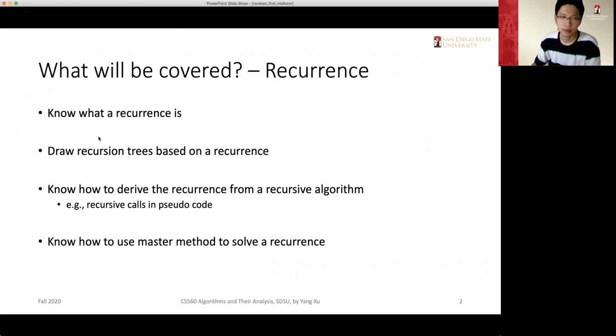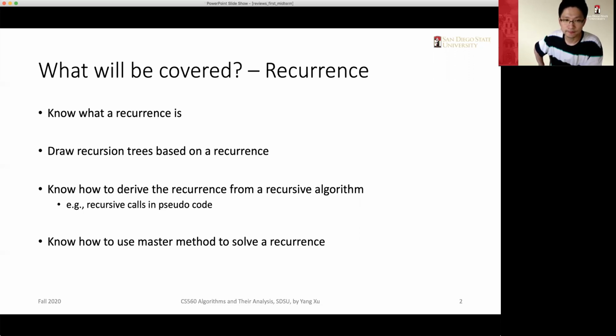Okay, so what will be covered? Recurrence will be covered. You need to have the idea of what a recurrence is, and you should know how to draw recursion trees based on a recurrence, and also know how to derive the recurrence from a recursive algorithm.